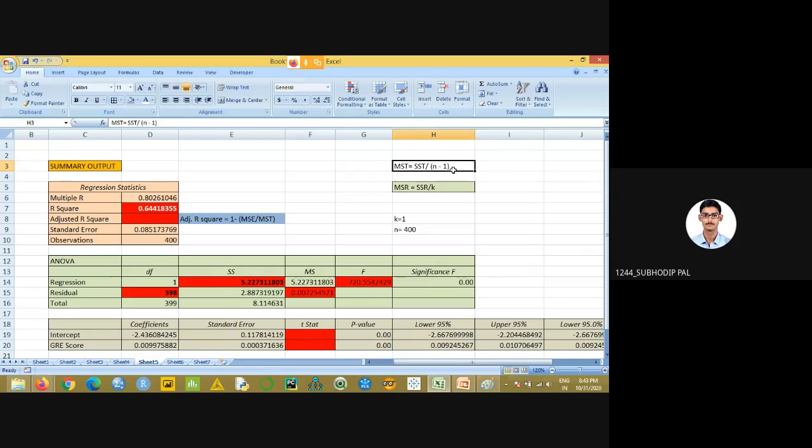So MST is equal to this SST divided by n minus 1, which is 400 minus 1, right? So this is the value of MST.